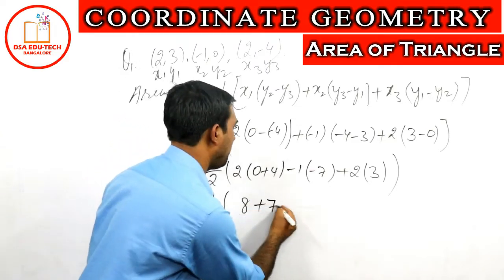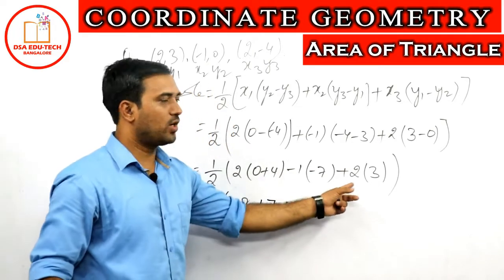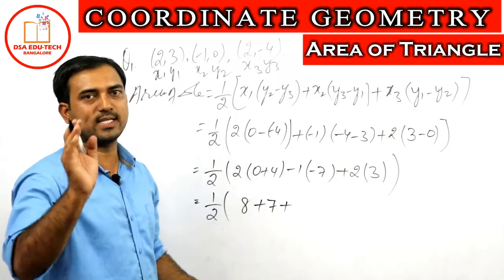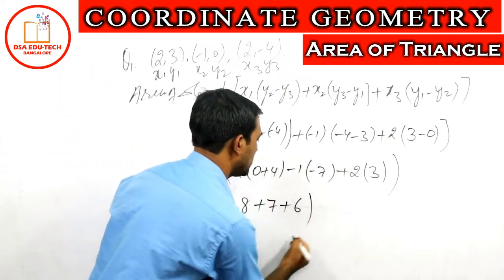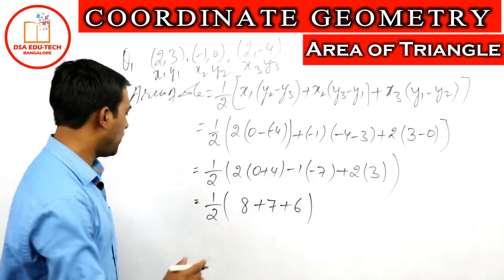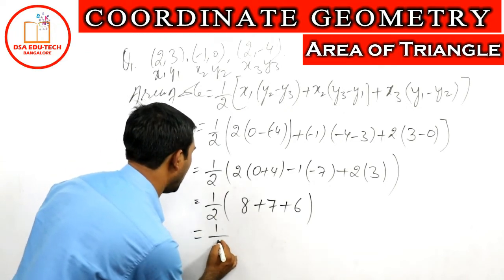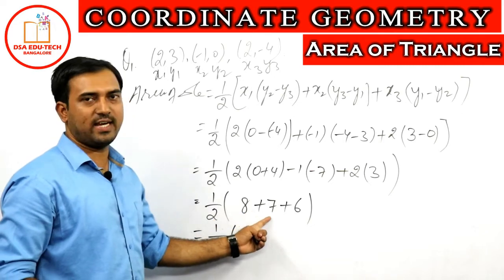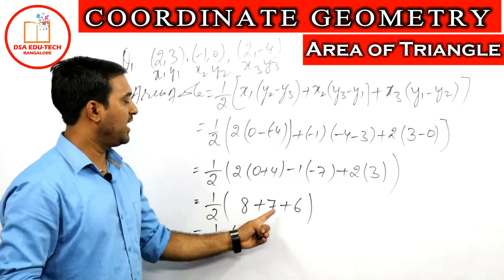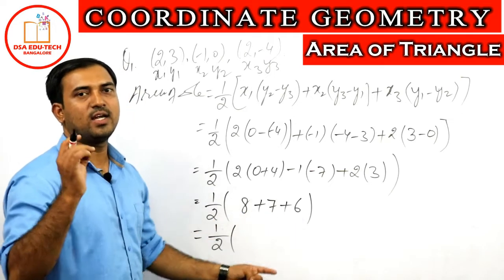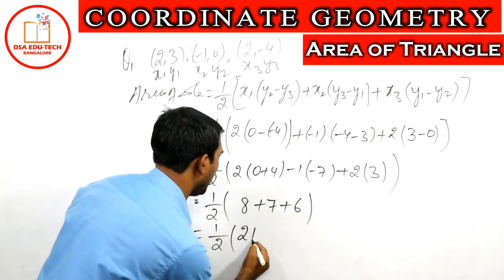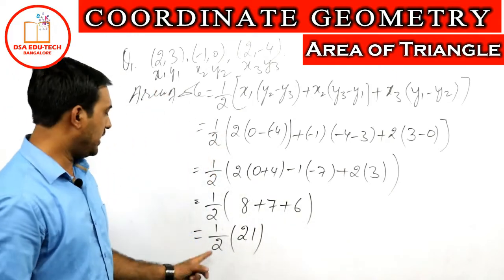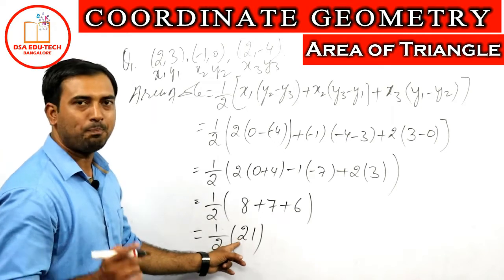Plus 2 into 3 is 6, so I wrote 6. Hope you are clear now. The last step is just to add them. 8 plus 7 is 15, 15 plus 6 is 21. So it becomes 1 by 2 into 21.